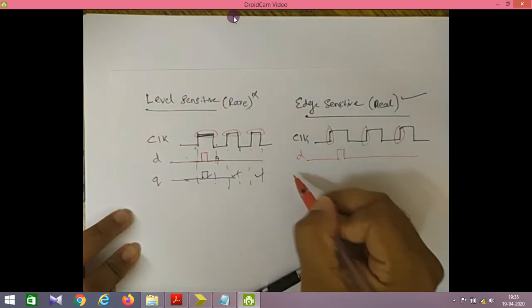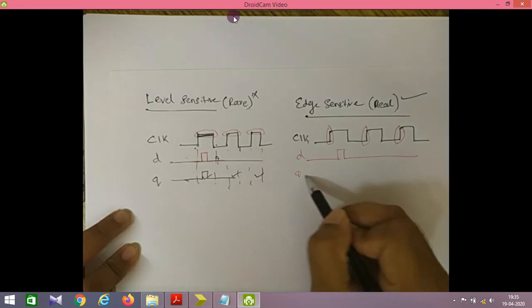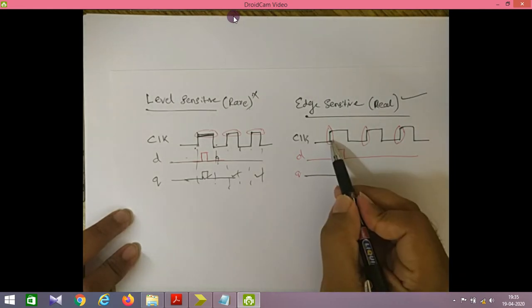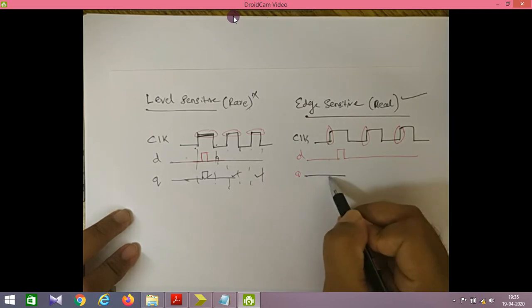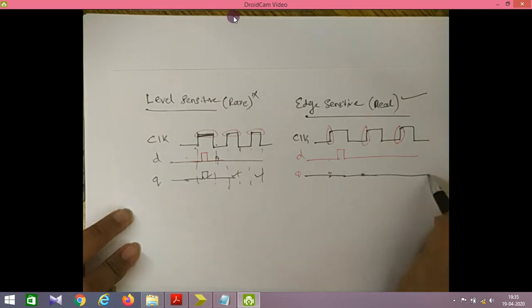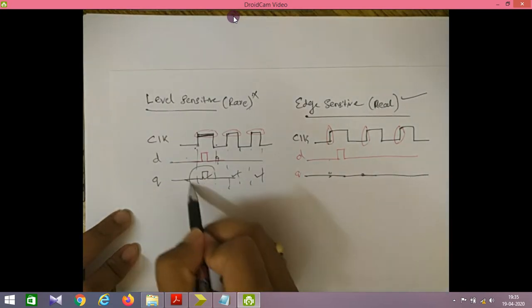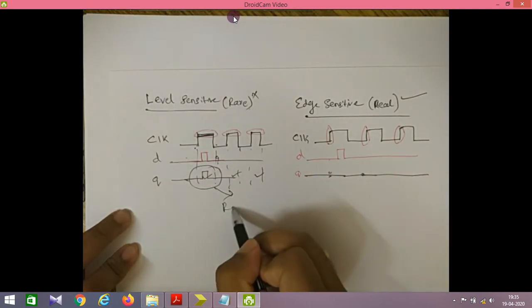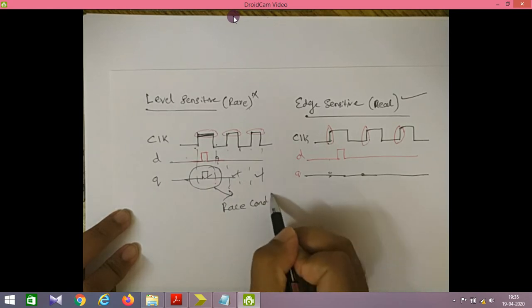Edge sensitive circuits are sensitive only to the edges. Here it will check D is 0, so it will be 0 itself, and again it will check here, so it is again 0. So this results in race conditions, as we discussed in the JK flip-flop.